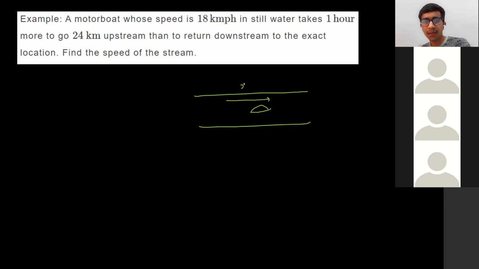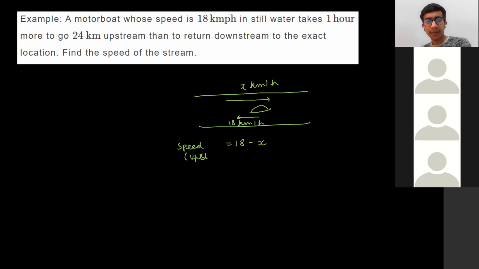The river is flowing, let's say, at x kilometer per hour in this direction, and you're going with 18 kilometer per hour in this direction. So tell me, what will be the net speed of the boat when you are moving upstream? 18 minus x. Perfect. 18 minus x will be the speed of the boat when you are moving upstream.